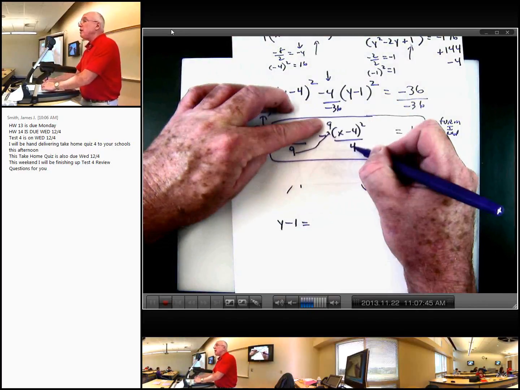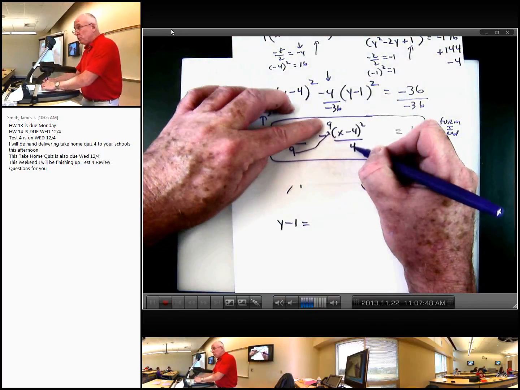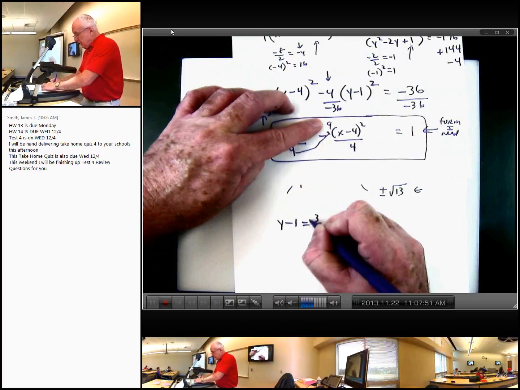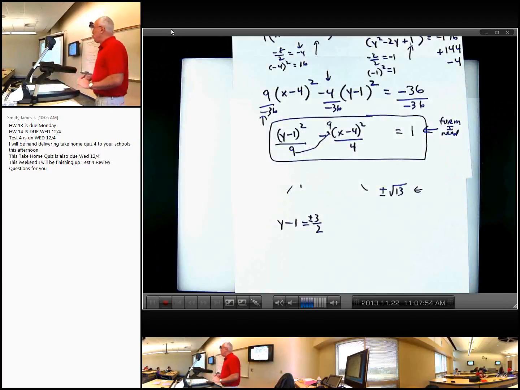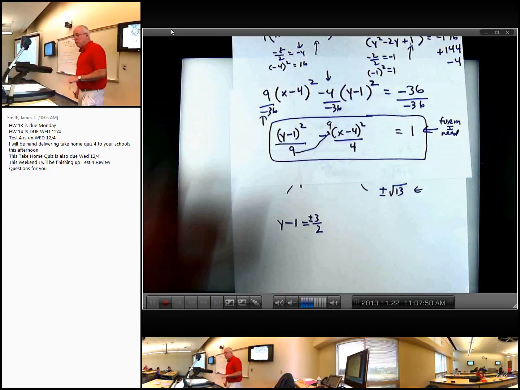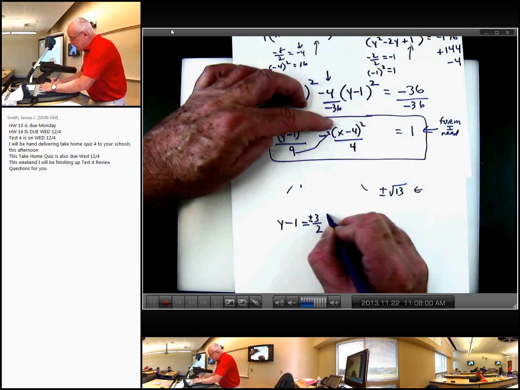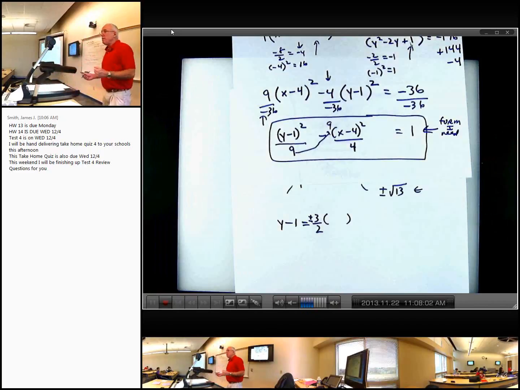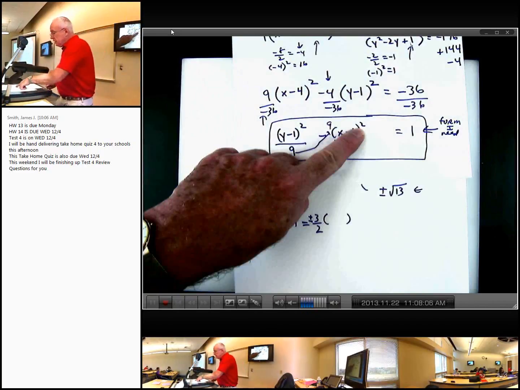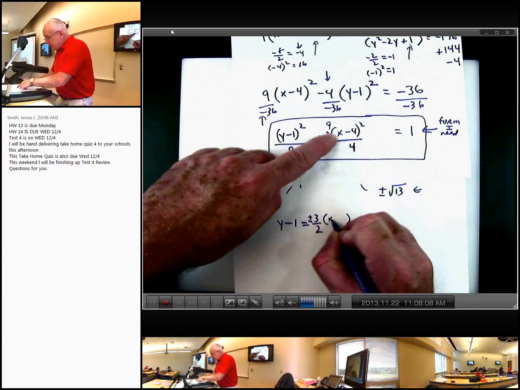I don't want 9 over 4 though, I want the square root. 3 over 2. And it'll be a plus or minus slope of 3 over 2. Square root of 9 over the square root of 4. And then right behind it, I can finish off my equation of my center. Again, getting rid of the square, and it's x minus 4.